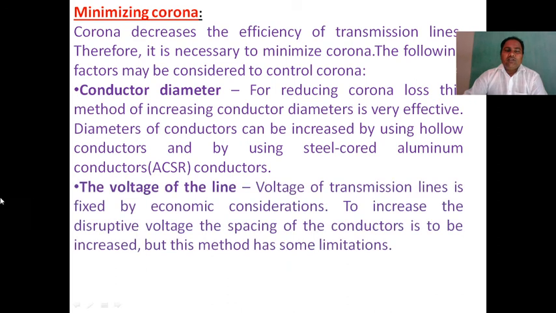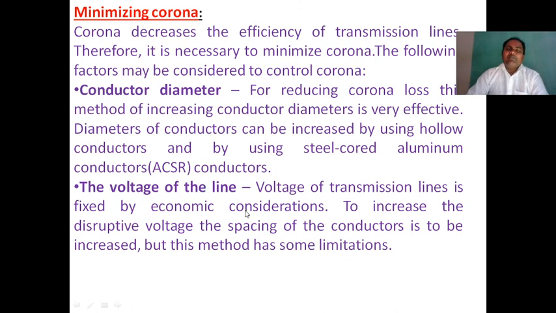The voltage of the line. Voltage of a transmission line is fixed by economic considerations. To increase the disruptive voltage, the spacing of the conductors is to be increased, but this method has some limitations.